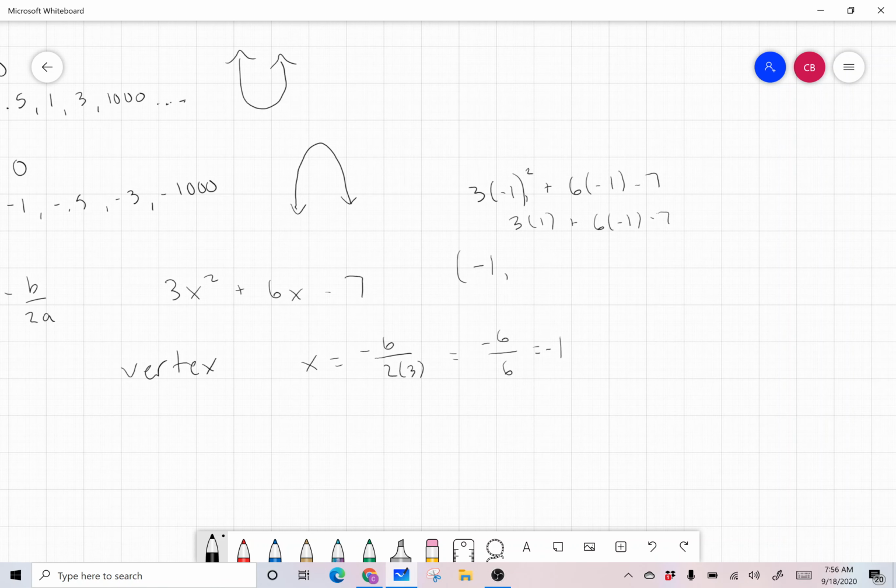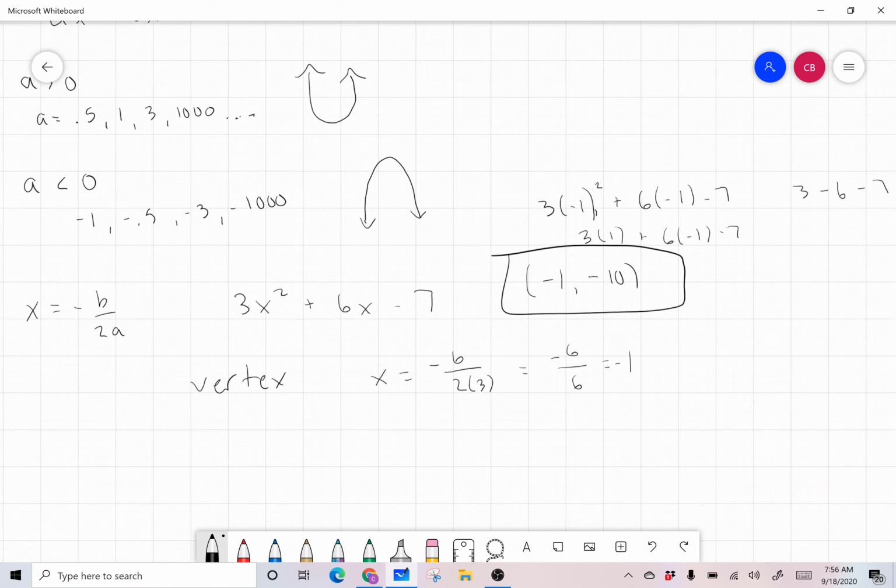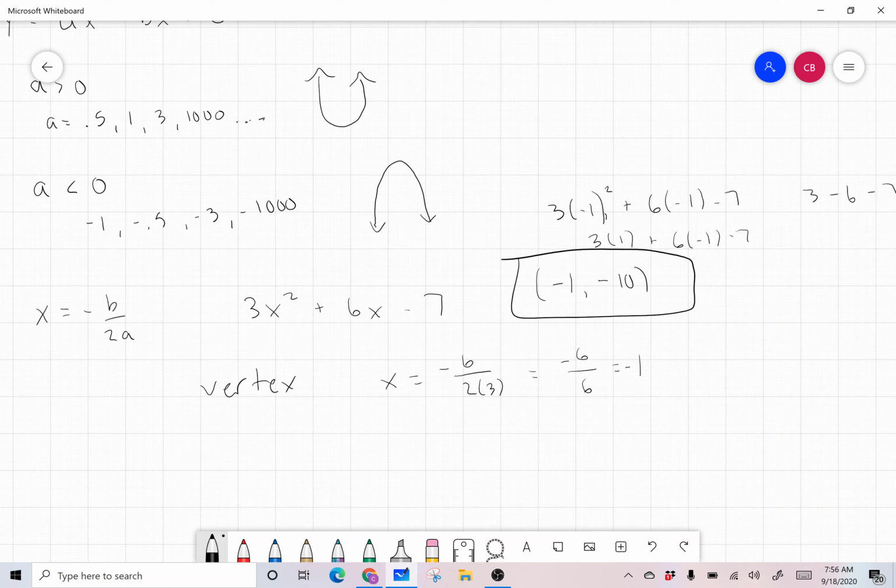And then that's 3 minus 6 minus 7, which is 3 minus 6 is -3, -10. And now we know the vertex is (-1, -10). So you get the x value, you plug it into the quadratic equation, and then you solve that, and that will tell you the y value.